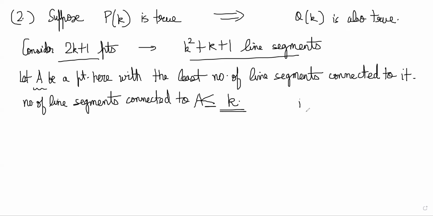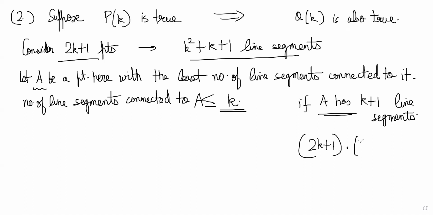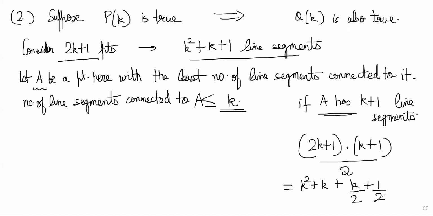Why? If A has k plus 1 line segments, then since A had the minimum number of line segments, all the other vertices also have k plus 1 line segments, right? At least k plus 1 or sometimes even more. So the total number of line segments will be 2k plus 1 vertices, each with k plus 1. And since we are doing a double counting of the line segments here, we'll divide by 2, right? So in this case, half of 2k plus 1 into k plus 1 is equal to k square plus k by 2 plus 1 by 2, right?